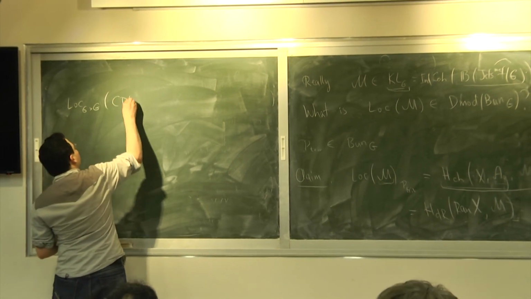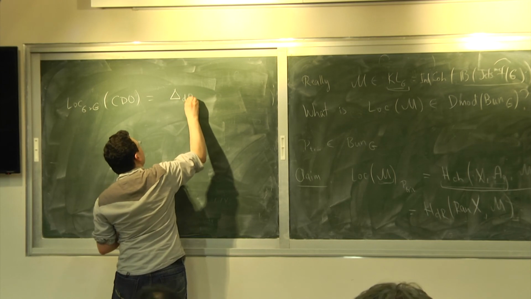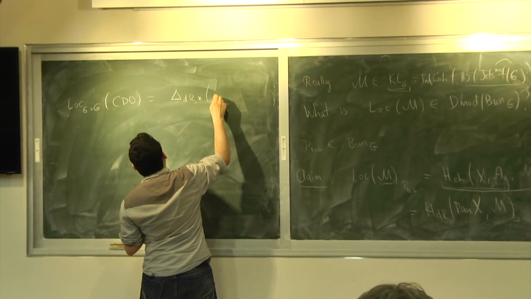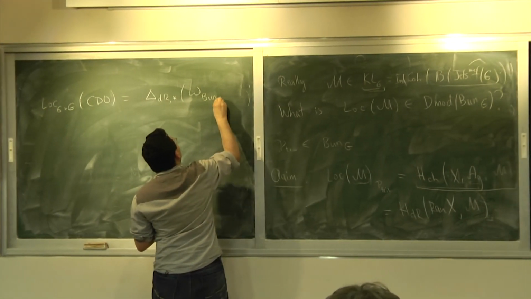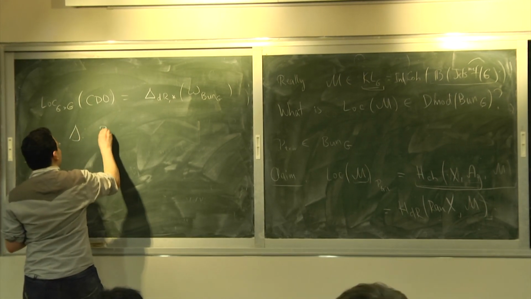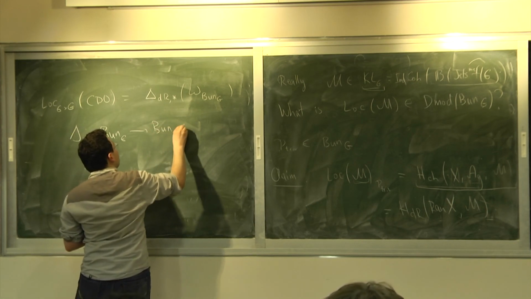So the localization of CDO, this is delta de Rham lower star of, I don't know what to call it, omega upon G, where delta is the diagonal map from Bun_G to Bun_G cross Bun_G.